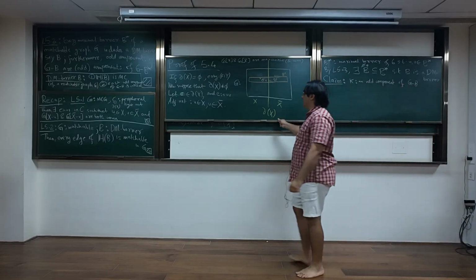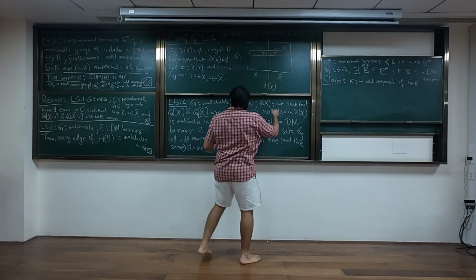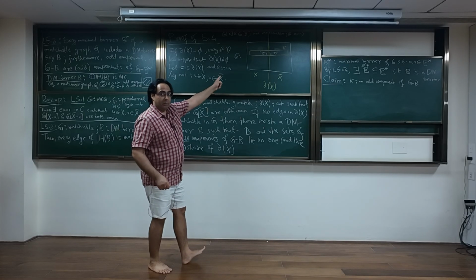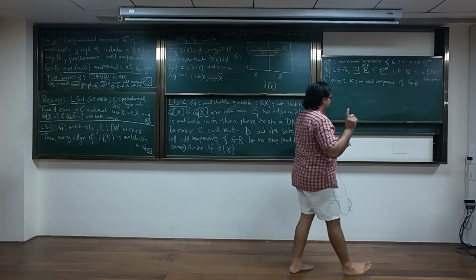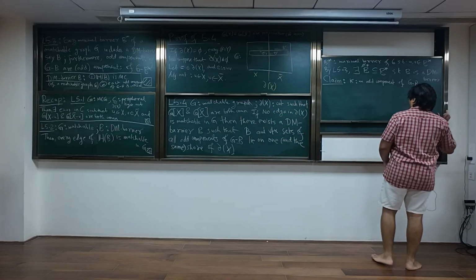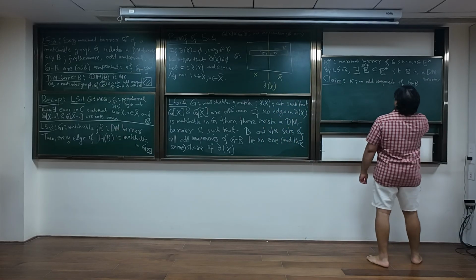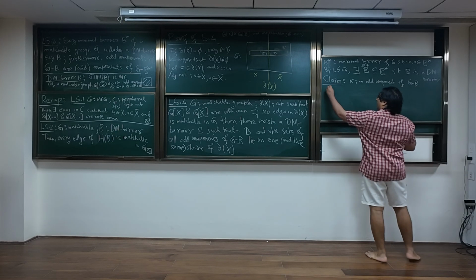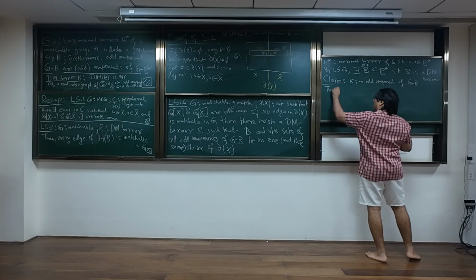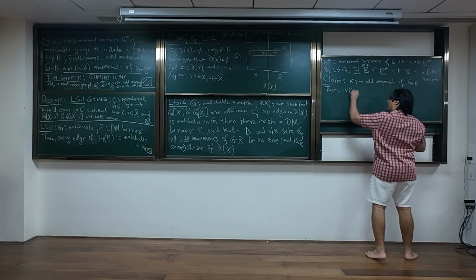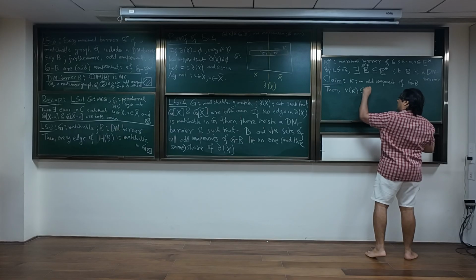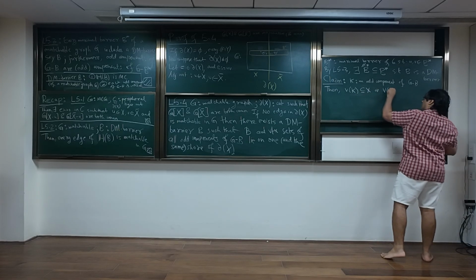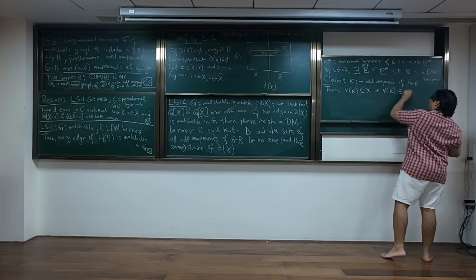We want a Dulmage-Mendelsohn barrier with this property. Right? We don't care about the barrier B star, we care about B actually. But we will also use some properties or facts about B star to make some conclusions. So let K be any odd component of G minus B. Then the claim is that the vertex set of K is either completely contained in X or it is completely contained in X bar.